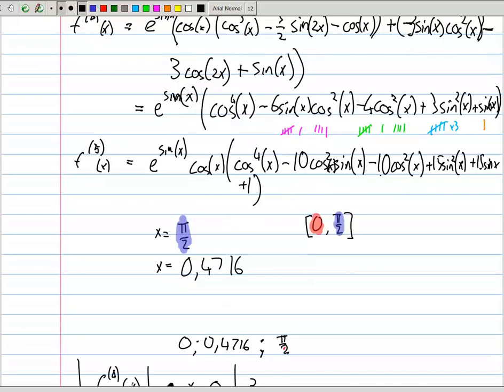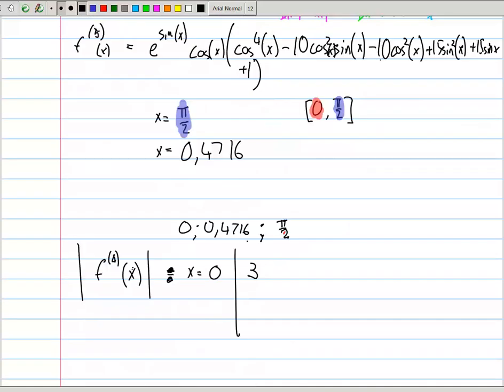So that lands up giving us a nice term, absolute value. Minus 6 times 0, okay, that is eliminated. Cos of 4 is 1. Minus 4, so that's 1 minus 4, which is minus 3. We're taking the absolute value, so we get 3.